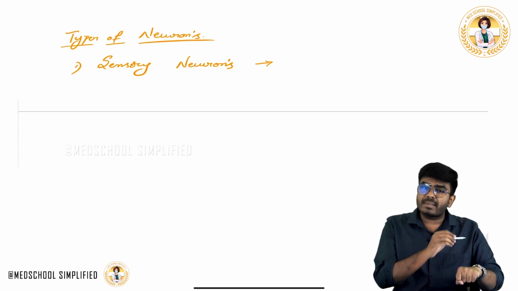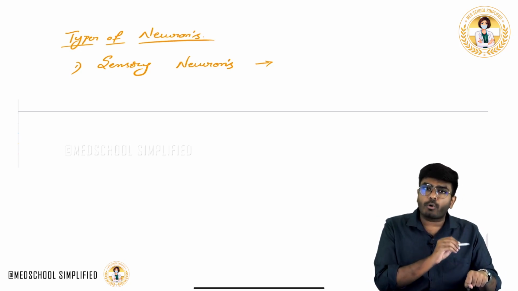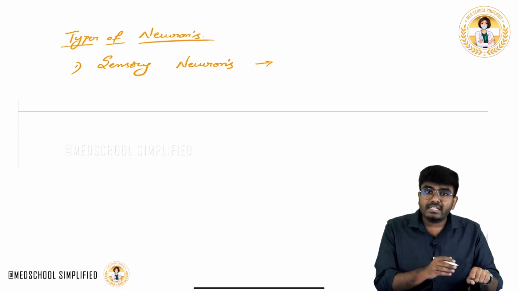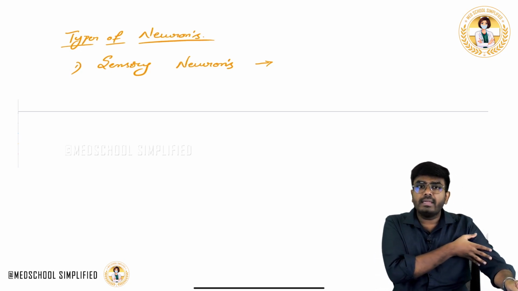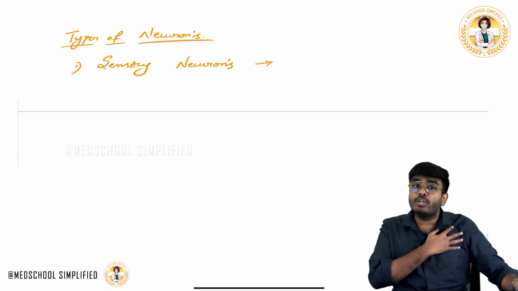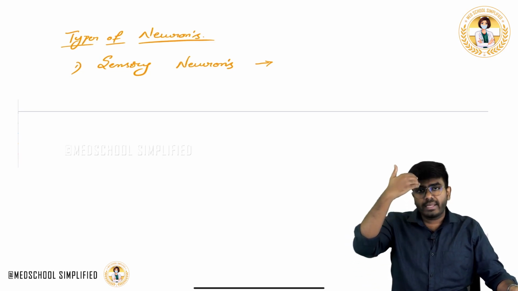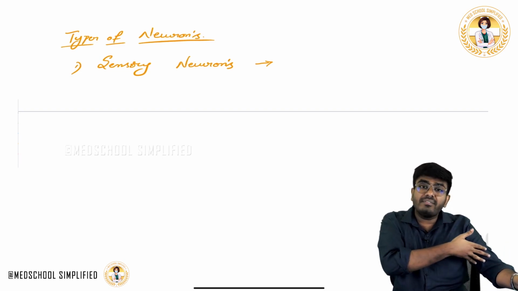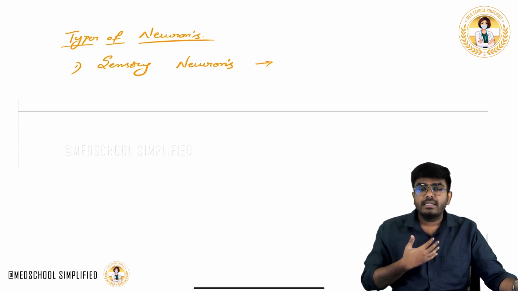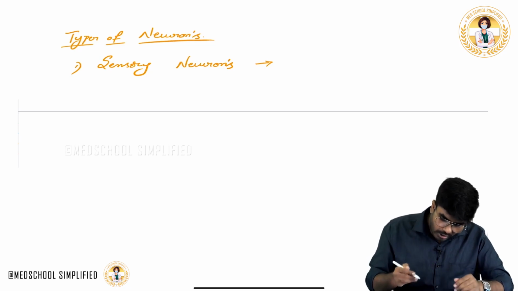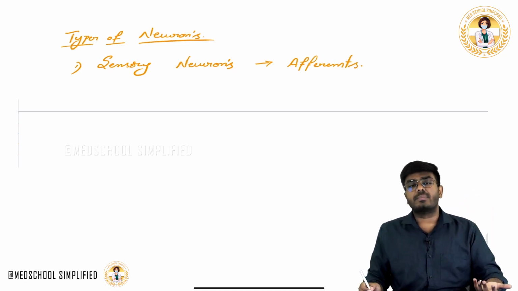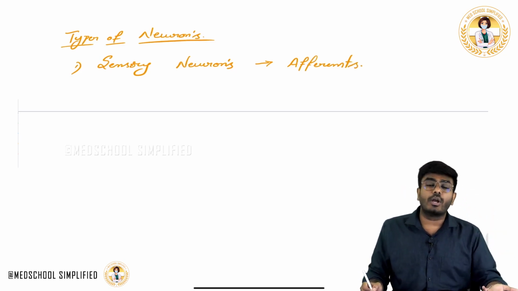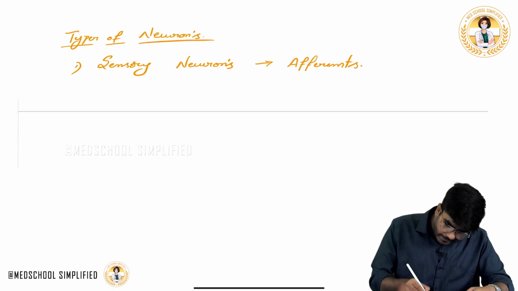For example, touch, pain, temperature, pressure, proprioception, all these informations. All this information from the body will be carried by a sensory neuron to the brain. So sensory neurons are the one which takes the senses to the brain. They are also called as afferents.